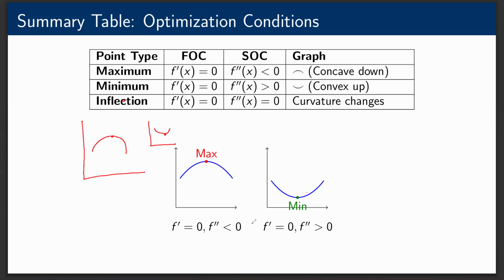Just picture the diagram. If it is a maximum, it should be an inverted U shape. Maximum means less than 0. Minimum means greater than 0. The minimum point means it is a U shape, and U shape means the second order derivative is positive. We have to remember this box.